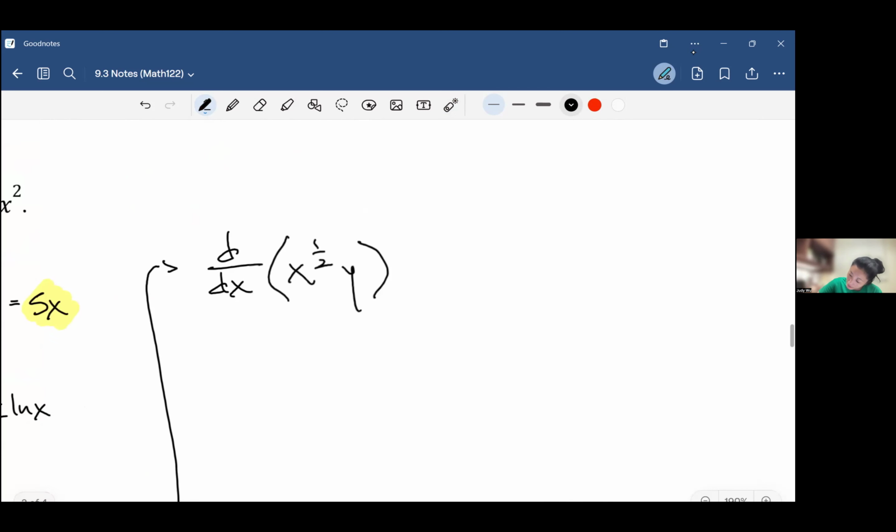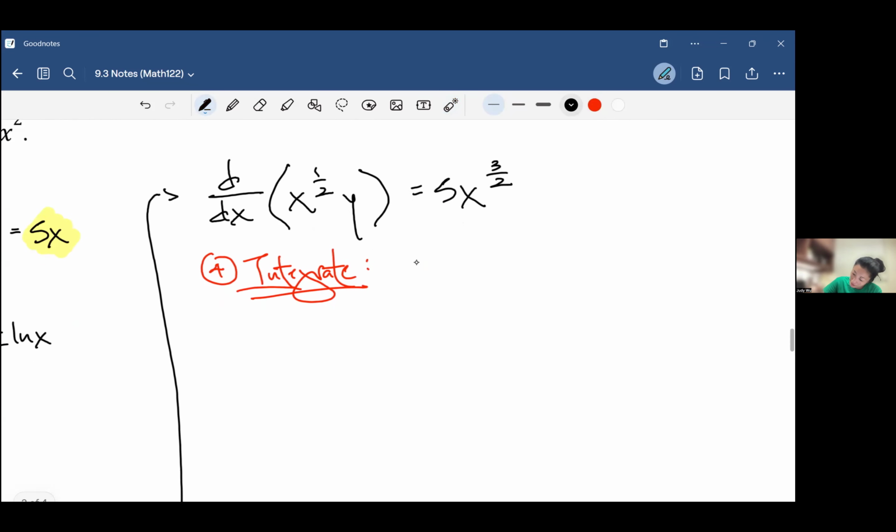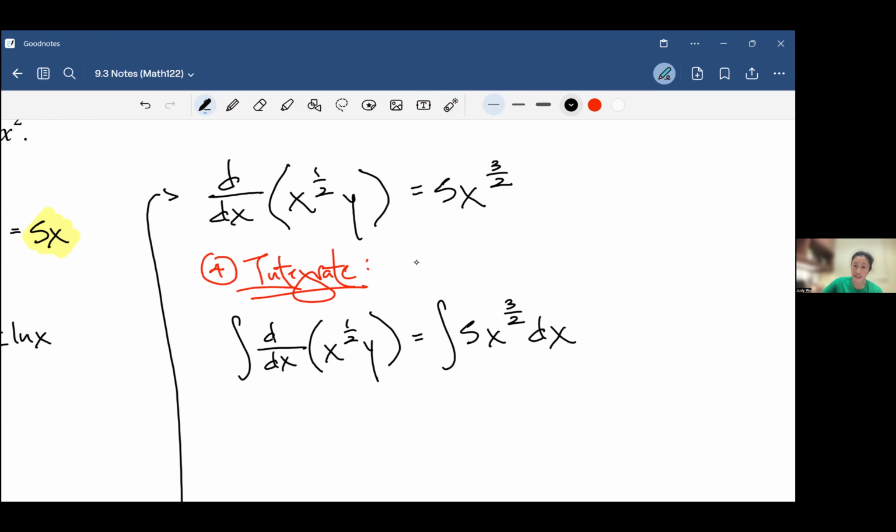And all of this equals what we have on the other side, which is 5x to the 3/2. Okay. Now our step 4 is we are going to integrate both sides. And remember, the integration is nice because it'll get rid of the dx on that left-hand side. Really, all we have to do is integrate the right-hand side. Okay. So an integral of the derivative of x to the 1/2 y is equal to the integral of 5x to the 3/2 dx.